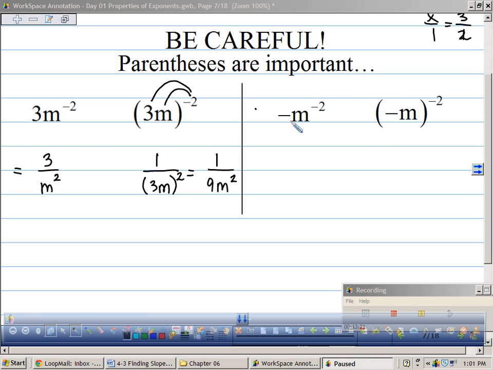Just as these two are very different. So this one says, I have m to the -2 power, and then I'm going to take the opposite, which is the same as saying -1 times m to the -2. Is the -2 being applied to the -1? It is not. So I actually have -1 over m squared.